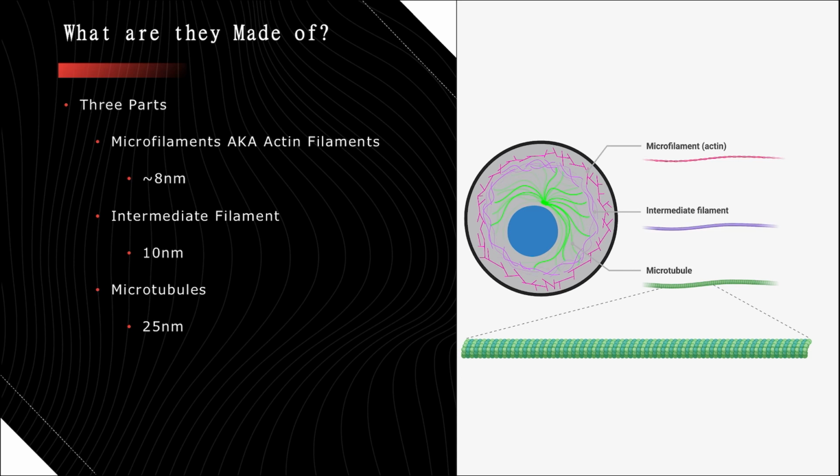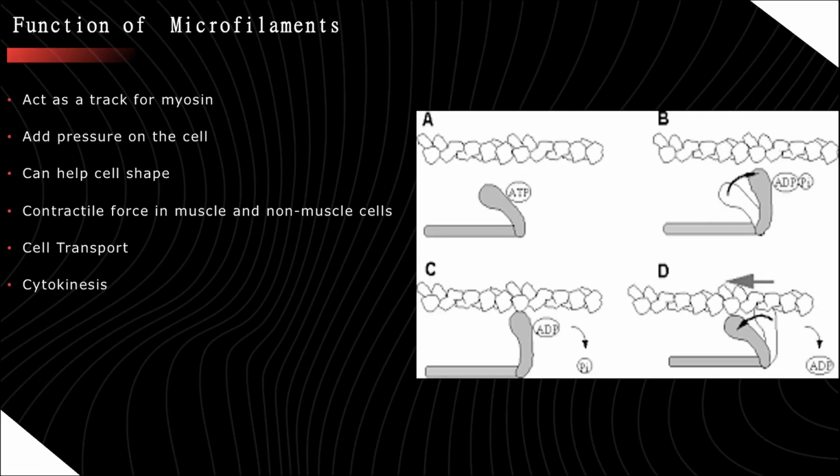They are primarily made up of globular actin, protein polymers that often grow into a helical form that makes what is called an F-actin chain. And all of these, of course, are going from smallest to biggest.